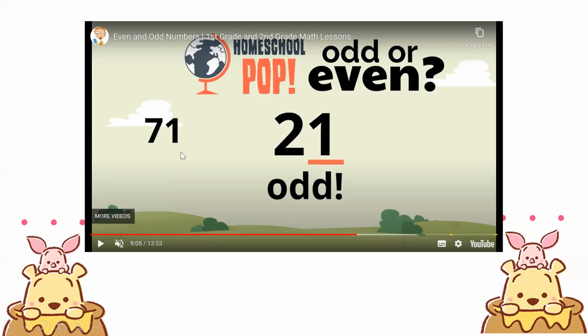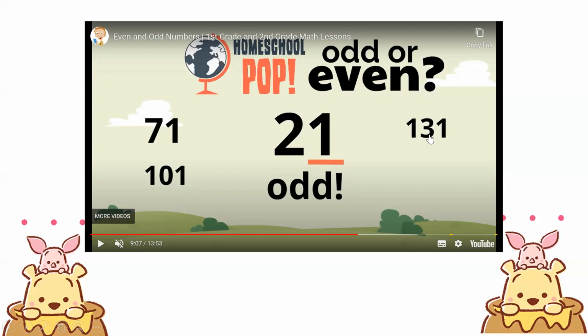Look here, the number 27 is odd. Why? Because it has 7 at the end. Now 101 is also odd. Why? Because at the end it has one, and one is odd. Sorry, I'm really sorry. So the number 71 is odd, and why? Because the one is at the end and one is odd.